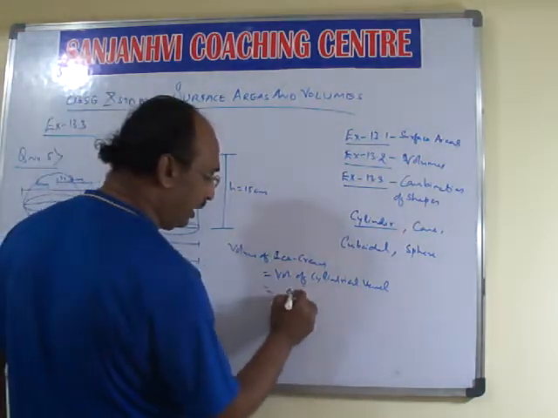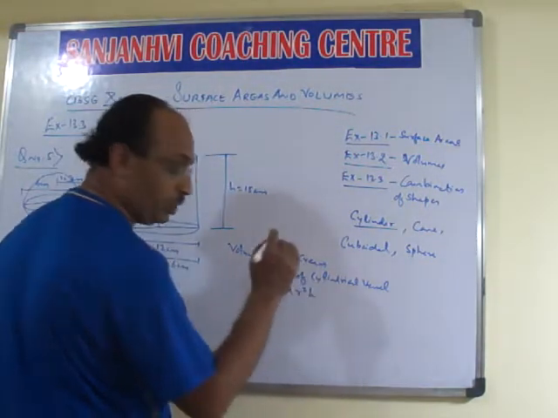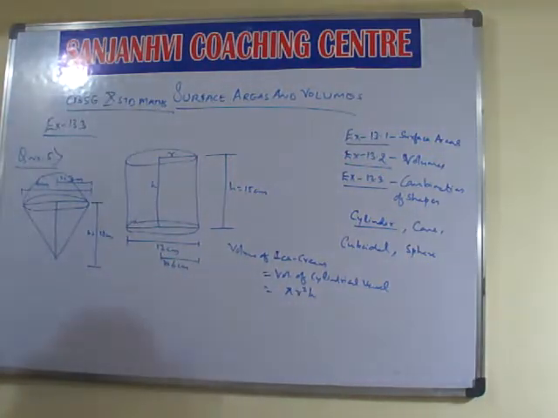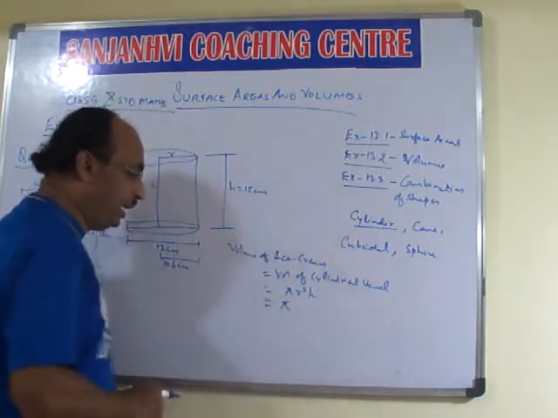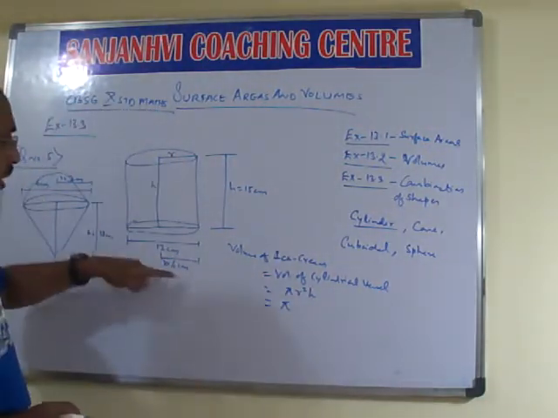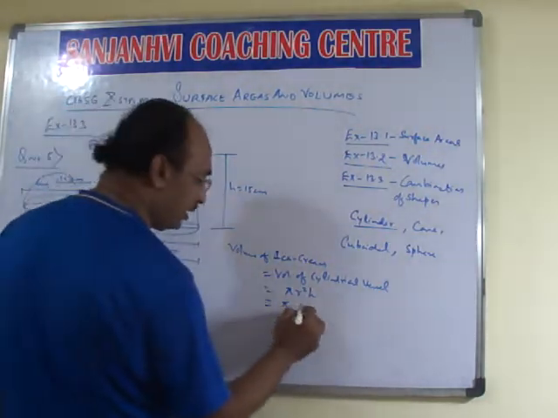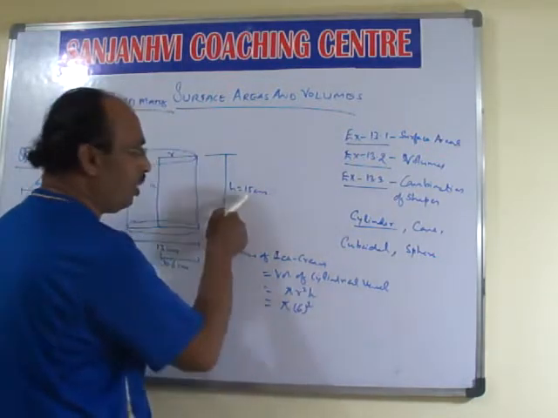We already know that the volume of a cylinder is pi r square h. Pi value we already know. r is here 6 centimeter, so 6 square, and h is what?